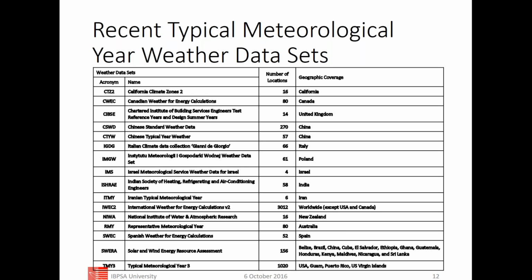Among other recent data sets, the National Renewable Energy Lab has released a data set for the U.S. that is gridded data. It's different. It's derived from satellite and reanalysis, and it allows you to get much finer detail than you might with the TMY3.